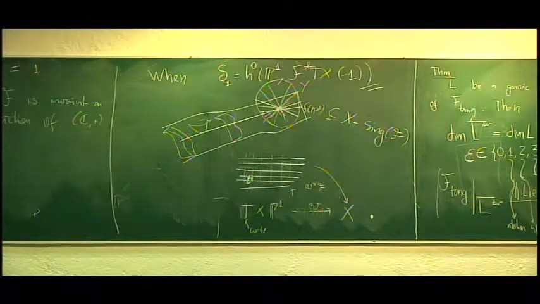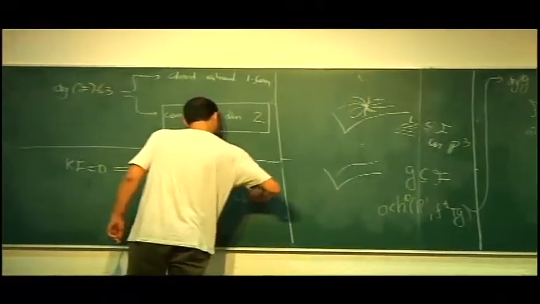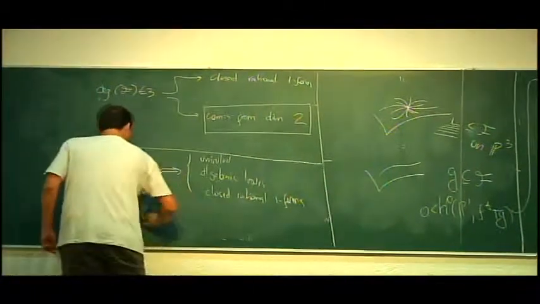Same conclusions as at the end of the last talk: uniruled, algebraic, or closed rational forms, under the assumption that X is rationally connected.